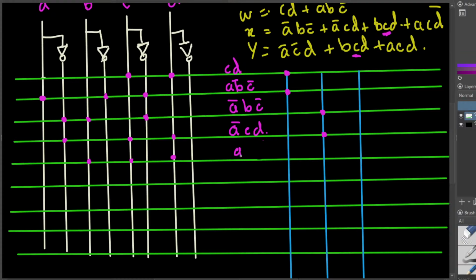ACD bar next. So I have to erase this first. Okay, let's go for the ACD bar. A connected directly, and then C connected directly, and then D connected with the NOT.